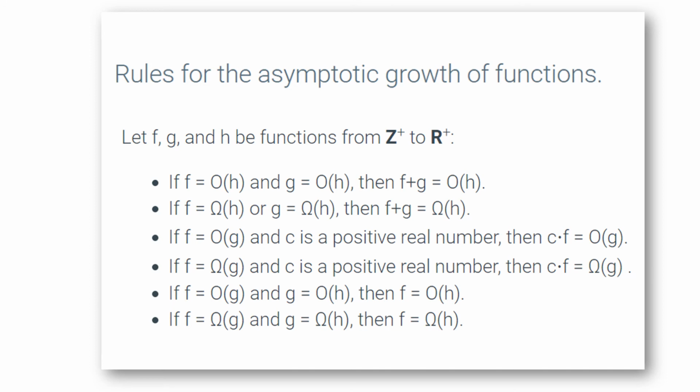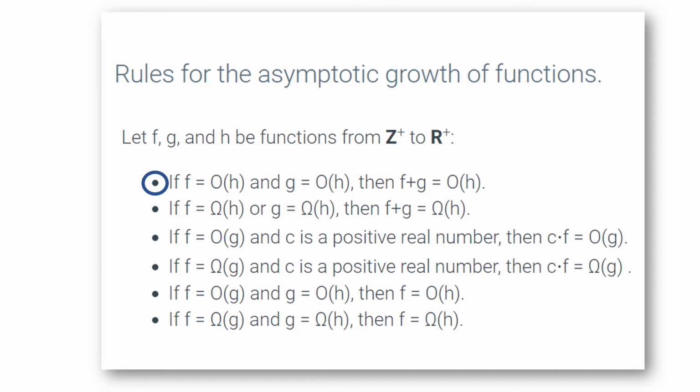So we've got some rules for asymptotic growth of functions that we can use when things get a little bit more complicated. First of all, we're still talking about two functions, f and g, but we're also going to be looking at a third function called h.